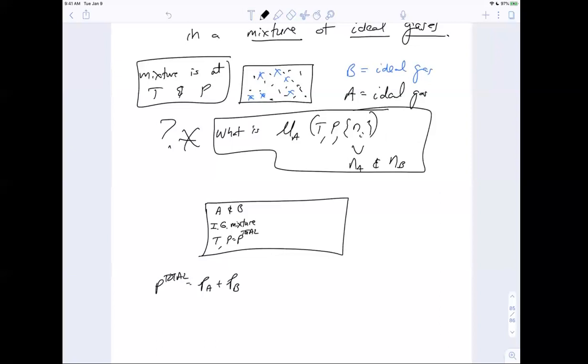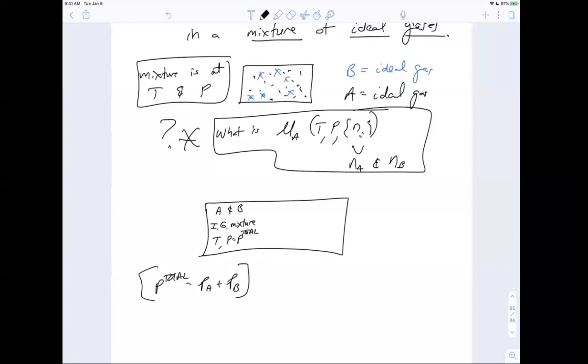It all arises from the fact that A does not see B. Okay, only the wall sees A and B. But the wall doesn't care what A and B are. They're just particles hitting the wall. Okay, so that's why it's additive. This is called an additive model, very simple model. Okay, so keep this in mind, but you should already know this for an ideal gas.